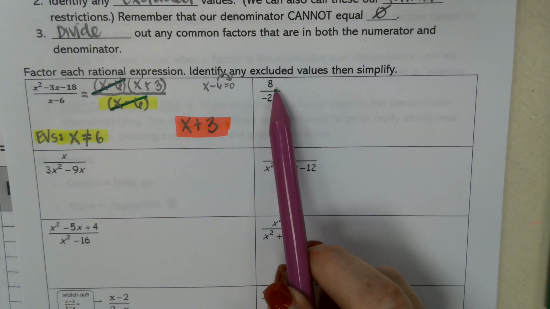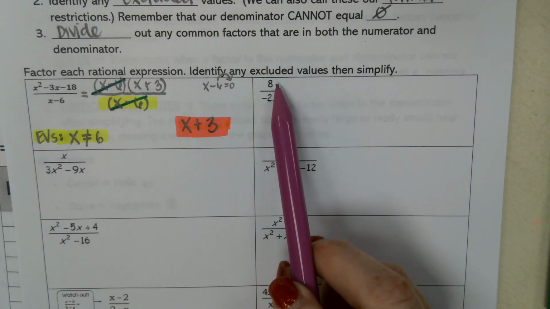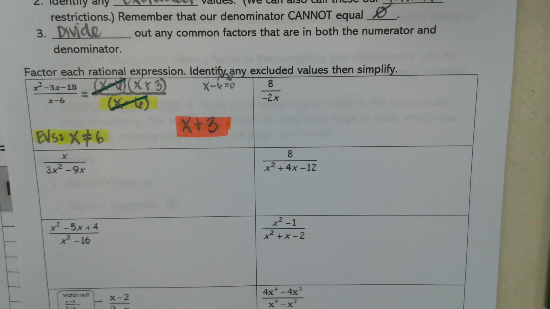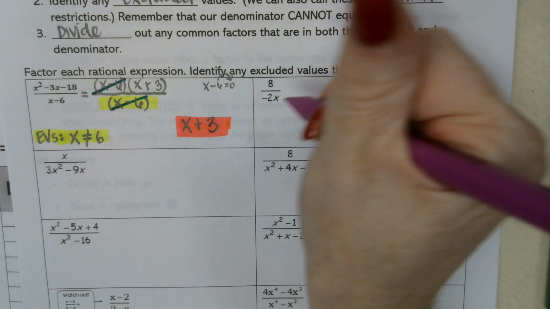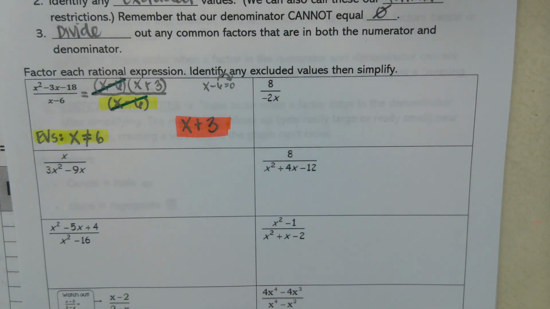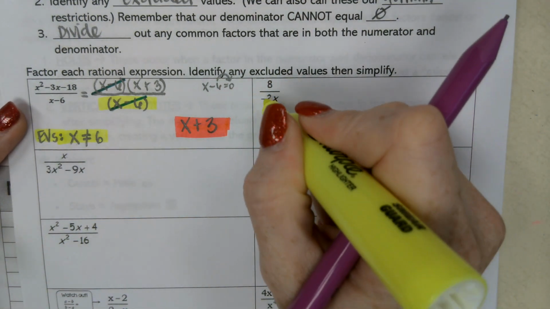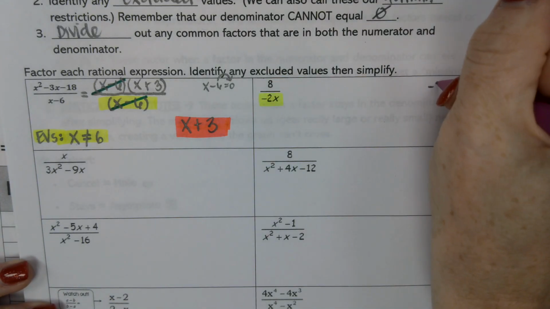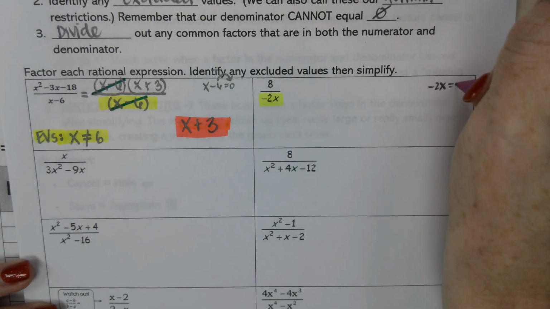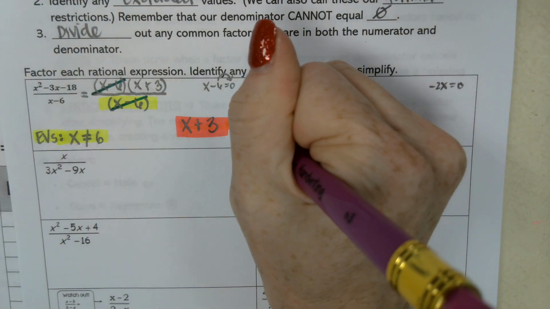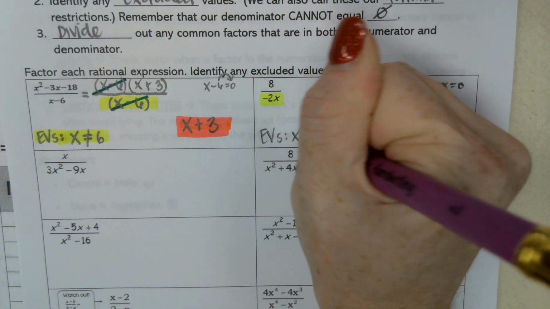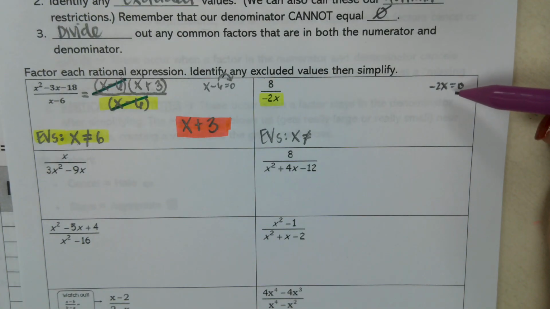All right. Is there anything to factor on the top and the bottom here? Is there anything that I need to break apart in parentheses? No. Okay. So the next thing that I want to do before I cancel anything out, I want to look at my denominator. If I take my denominator and set it equal to 0, how would I solve this for x?